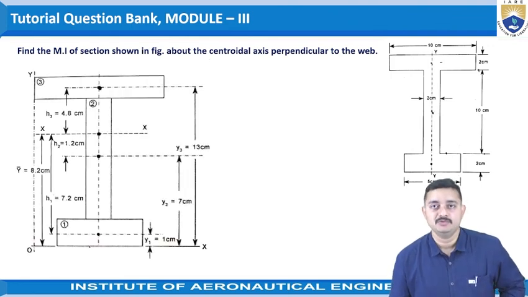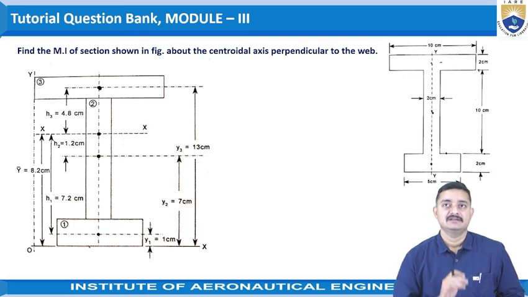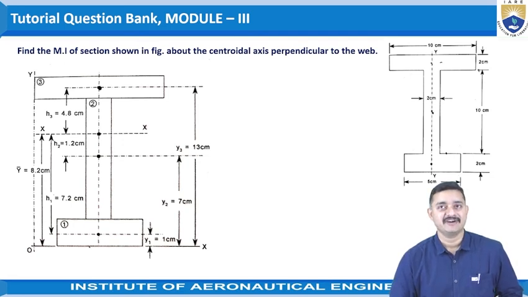To identify the moment of inertia, first we need to identify the centroid. As this given I section is symmetric about the y-axis, the centroid will lie on that y-axis.